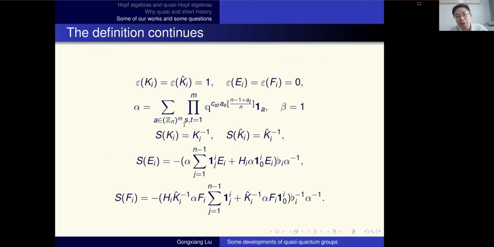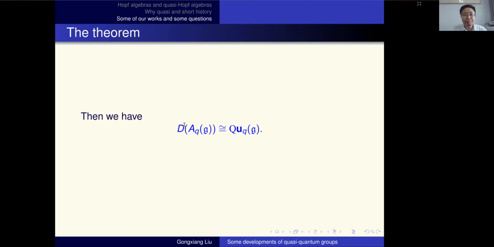But if you don't know the computation of UQSL2, I think it's almost impossible to get such a complicated formula. Anyway, we prove that the double is just the quasi-Hopf algebra we construct.